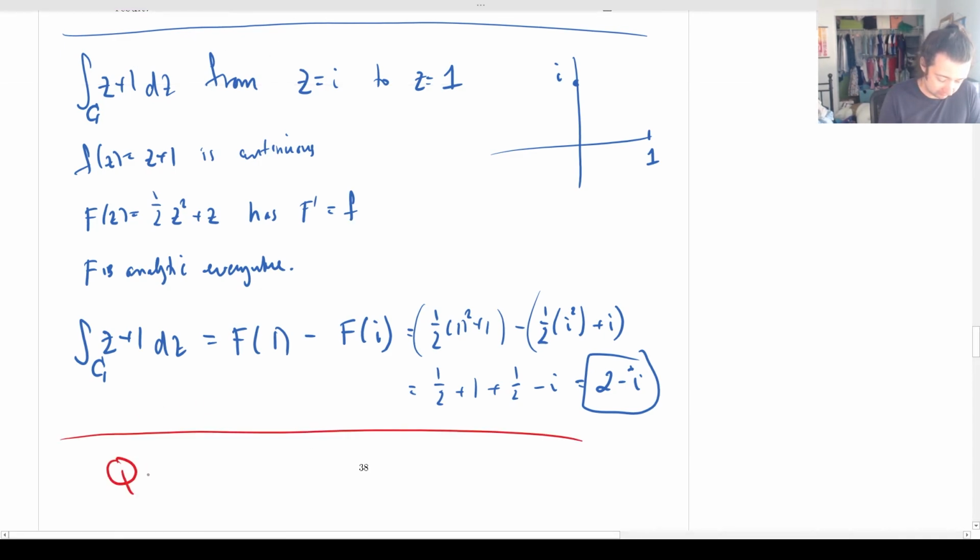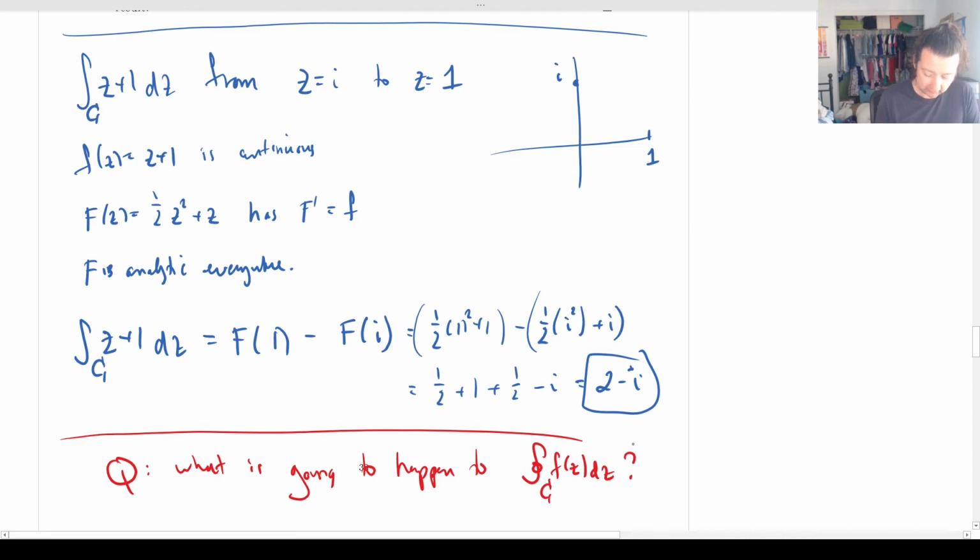So here's a question. What is going to happen to a function that looks like this? What if f is analytic on a simply connected domain and you integrate it around a closed loop contained in that domain?